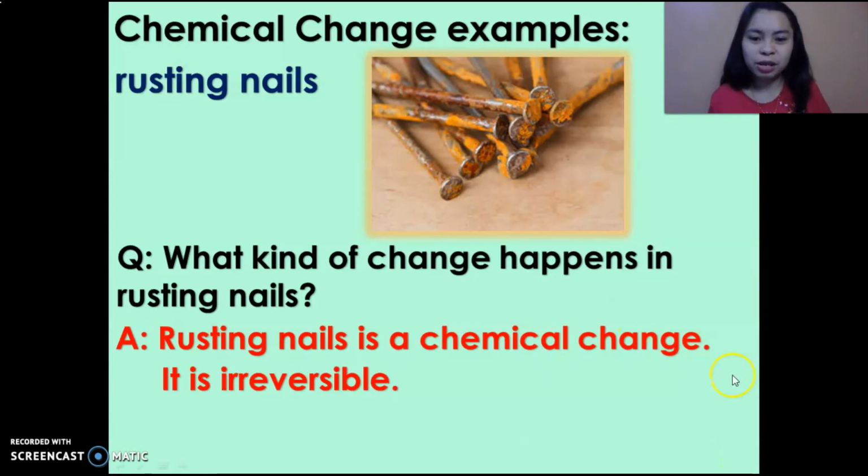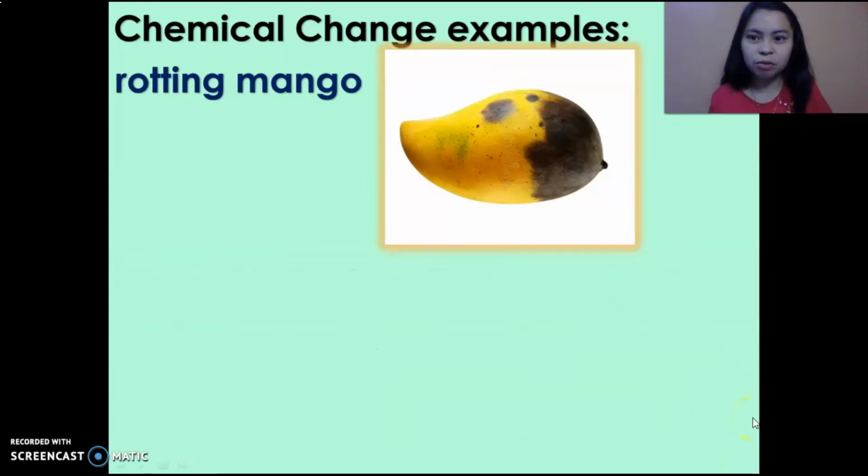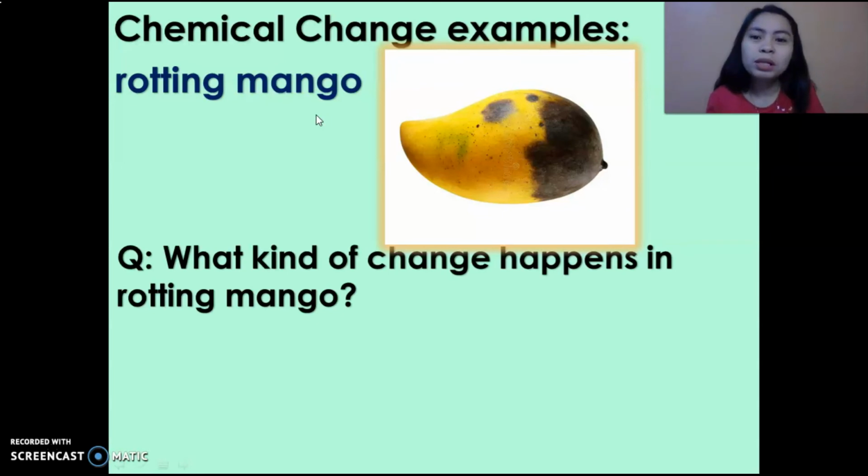Yes. Another example, we have, okay, rotting mango. Again, rotting mango. One more time. Question, what kind of change happens in rotting mango?